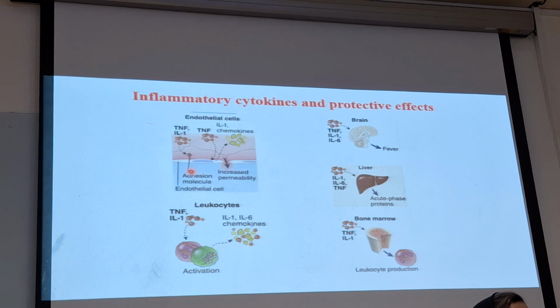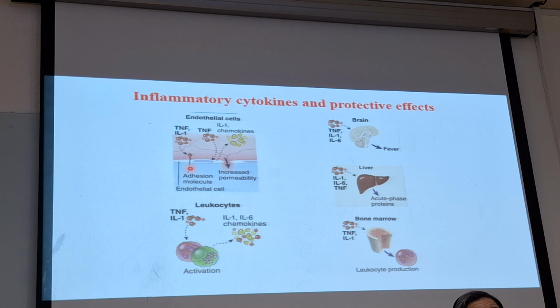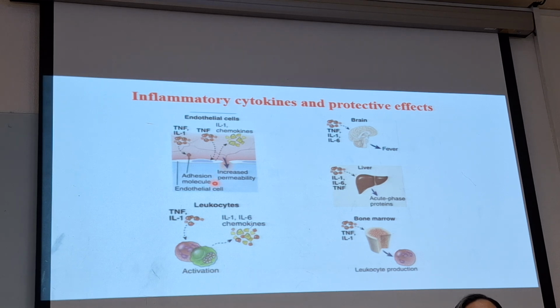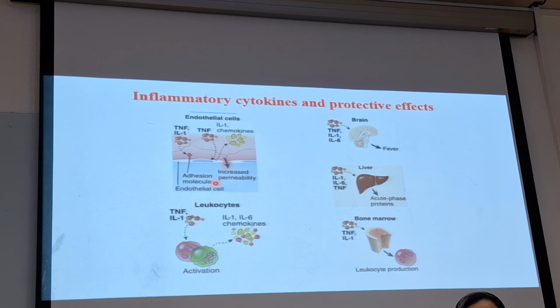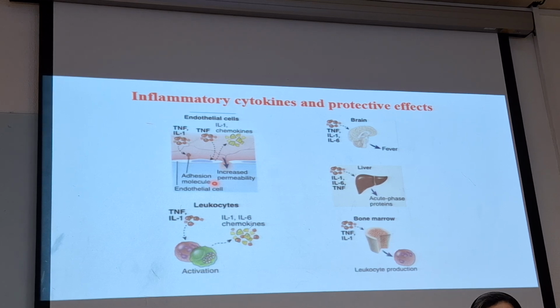These cytokines affect endothelial cells and increase expression of some adhesion molecules on these cells, and lead to recruitment of a lot of innate immune cells into the site of infection and lead to inflammation. Okay, this is good because it protects us against pathogens and controls their spreading, and after that repairs the normal tissue that has been damaged during the war between the immune system and the pathogen.